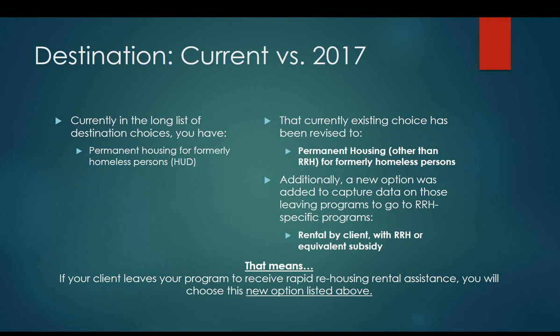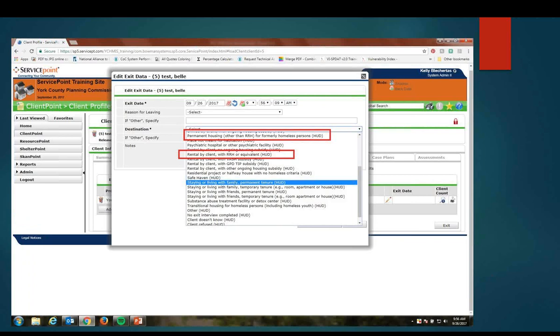Or if they're getting rental assistance through one of the various funding streams for rental assistance, that would be the rapid rehousing or equivalent subsidy. So that's the one you would want for any kind of rental. And that's just what those two new options look like.